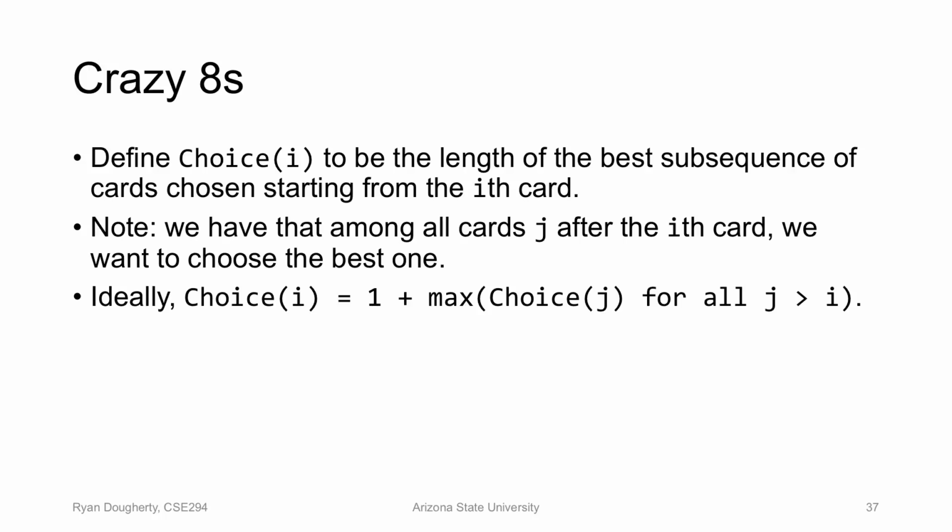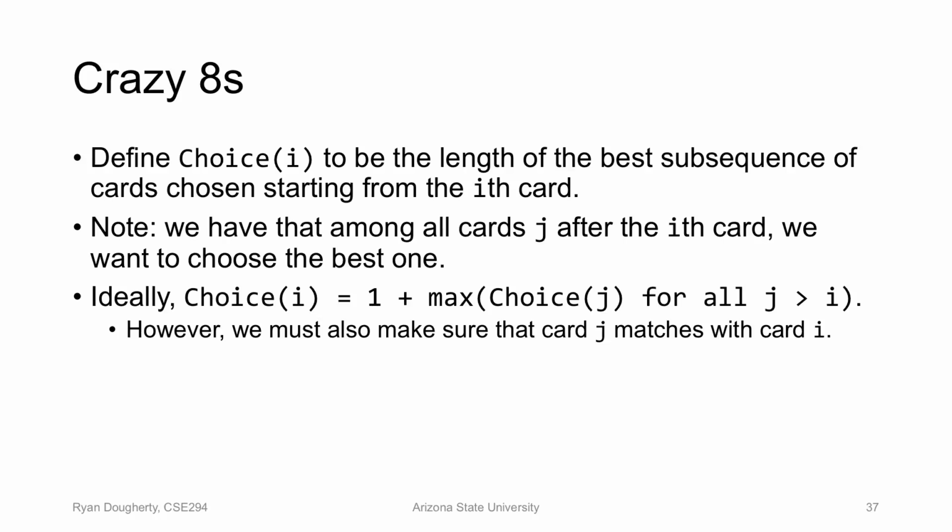So it's essentially this. I choose card I, and it's basically the best choice of the next card in the sequence, right? So the next card in the sequence would have the best possible choice for its card onward. So I want to choose the best one from the ith card to the end, right?